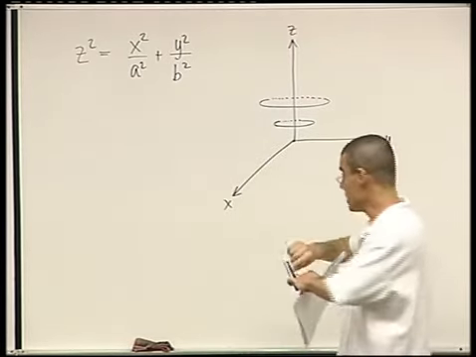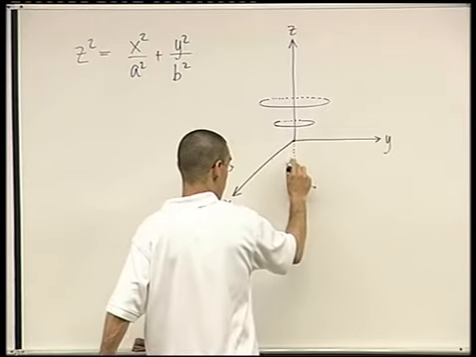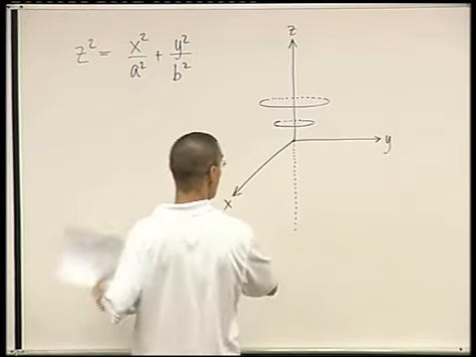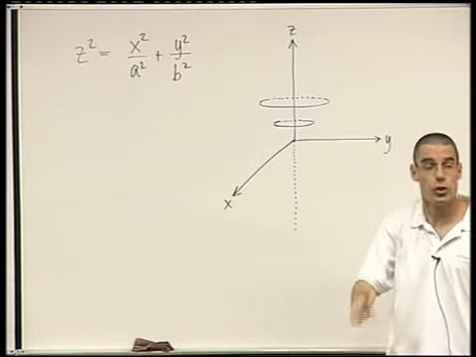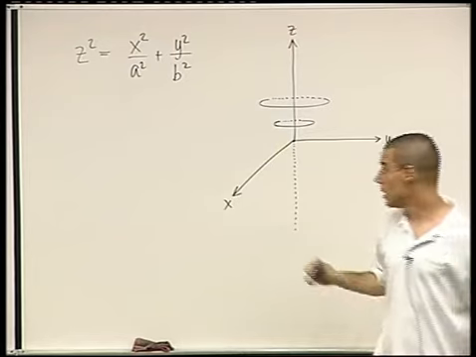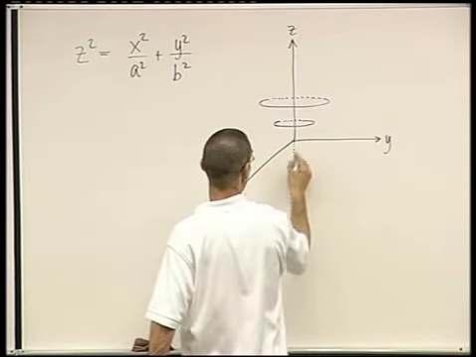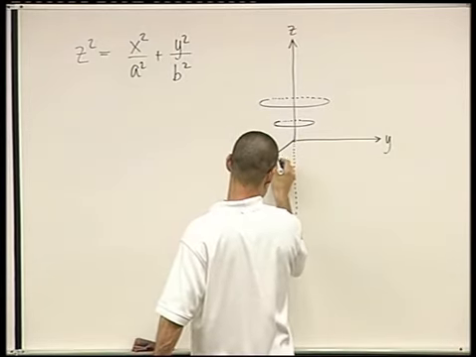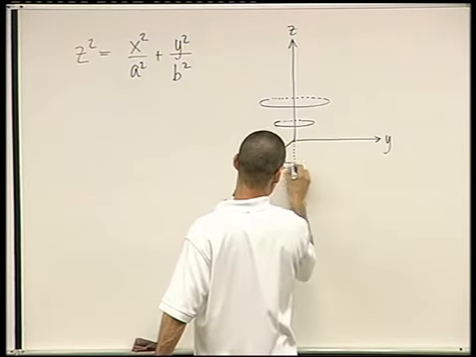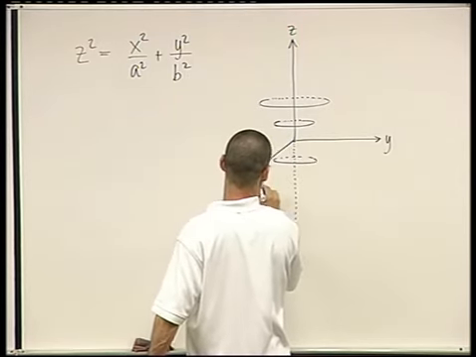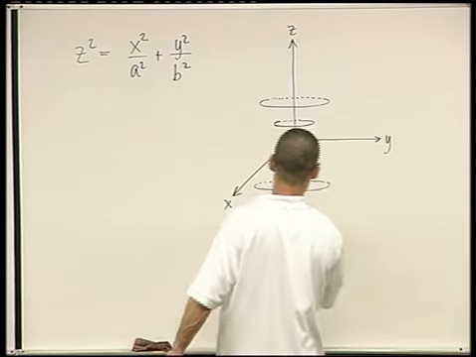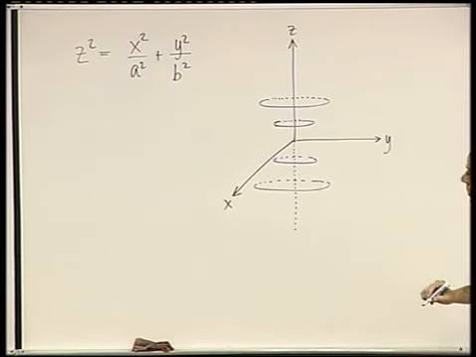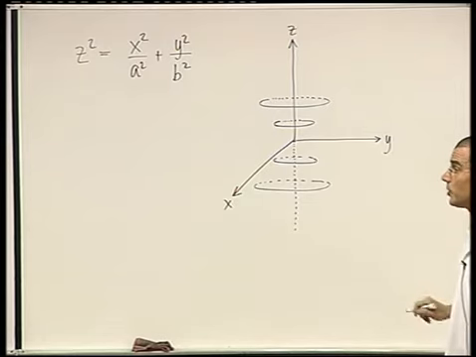So for negative z's, let's continue the z-axis down here, I again get ellipses, and they're getting bigger as z gets more negative. I get an ellipse down here at z equals negative 1, and another one which is somewhat wider at z equals negative 2, and so on. Do you agree? Okay, so already it's completely a different thing.